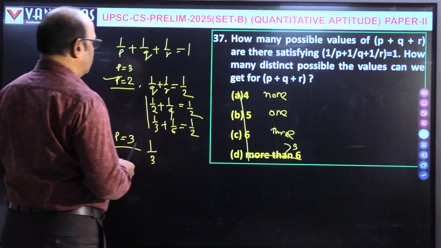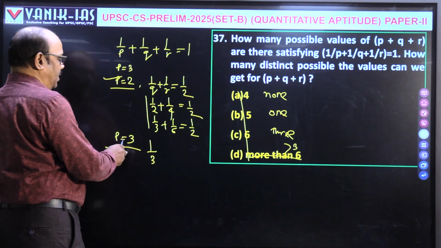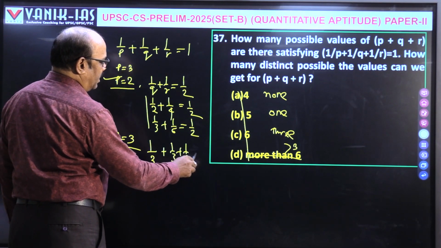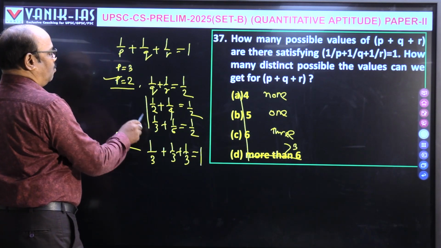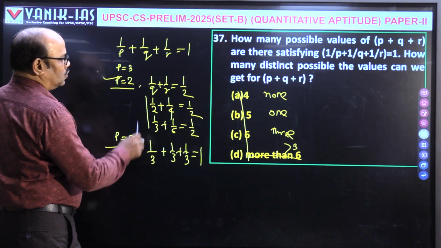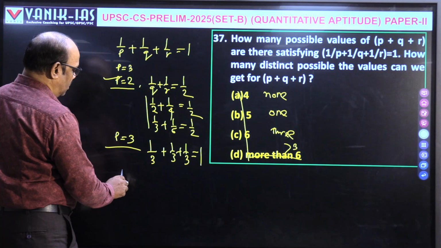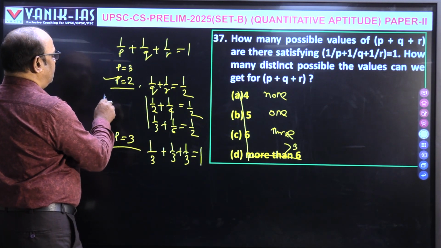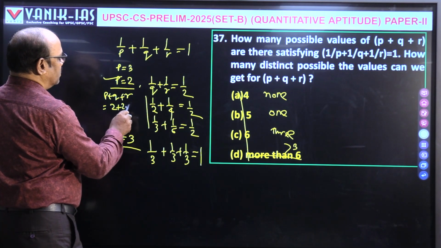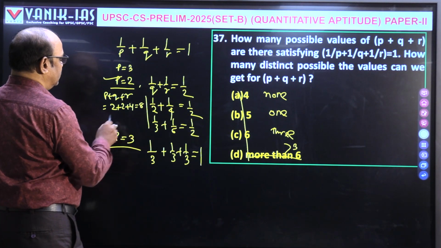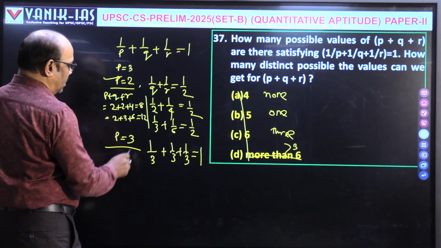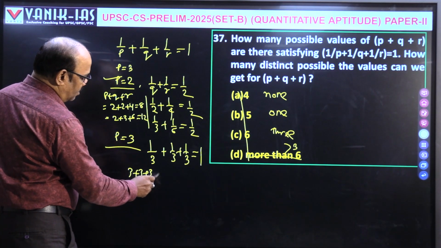For P equal to 2, there are 2 possibilities, and for P equal to 3, 1 possibility, 1 by 3 plus 1 by 3 plus 1 by 3, which also comes to 1. The values of P plus Q plus R differ: 2 plus 4 plus 4 is 10, 2 plus 3 plus 6 is 11, and 3 plus 3 plus 3 is 9, all distinct values.